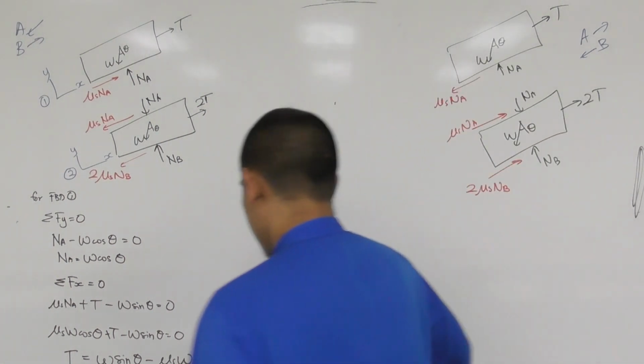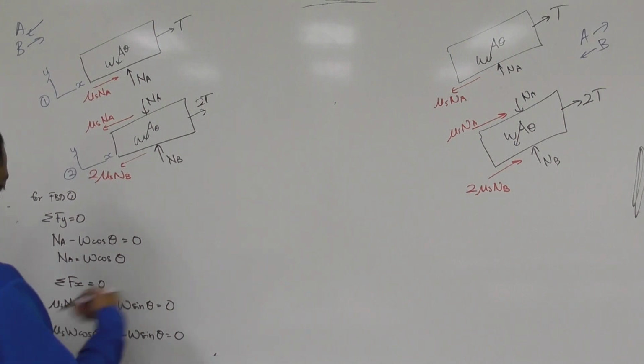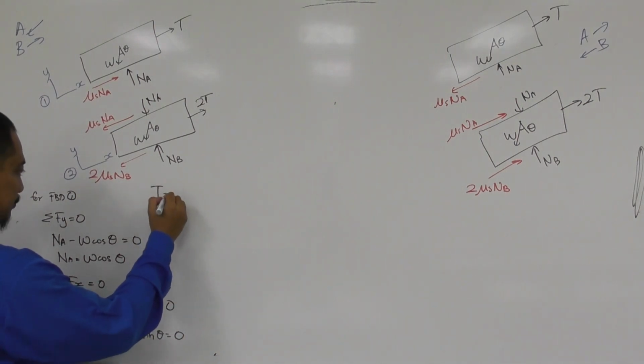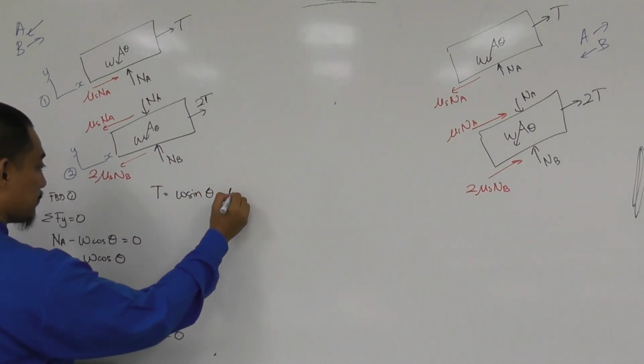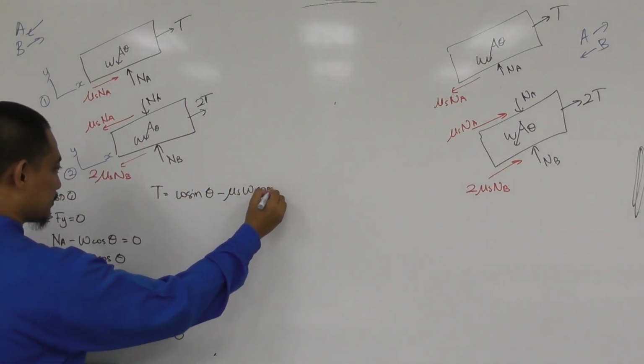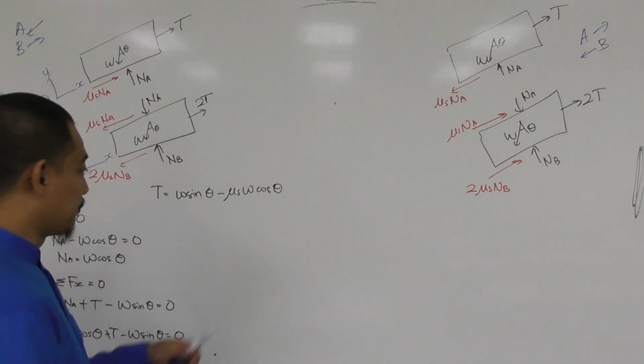So this one is still here, right? Okay. So from here, basically T equal to W sine theta minus mu s W cos theta, right? We end up with that one. So now this is what we get from free body diagram 1.